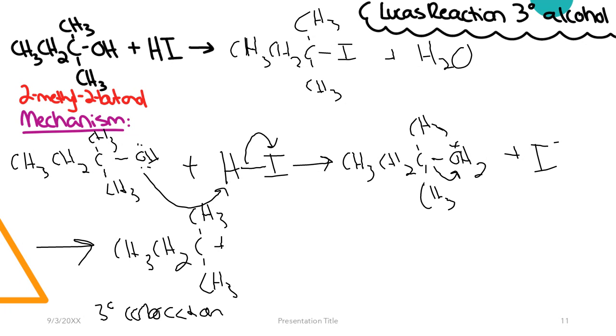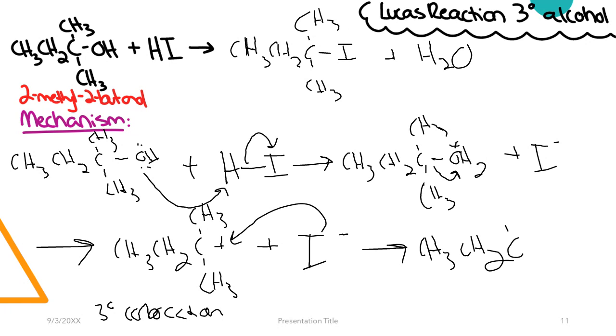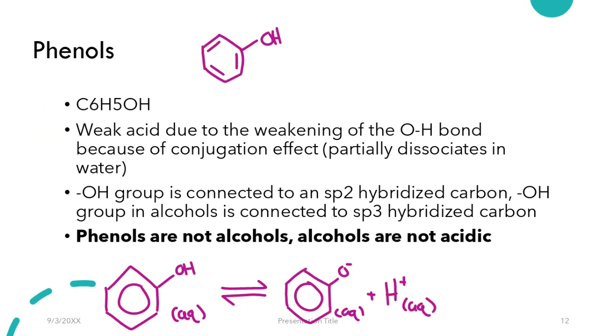Okay, so now that I formed my carbocation, I still have my anion, and this is going to attack that positively charged carbon, and I'll form my product. And I also have water. Do those make sense? Yeah, these are a bit simpler than the dehydration reactions.